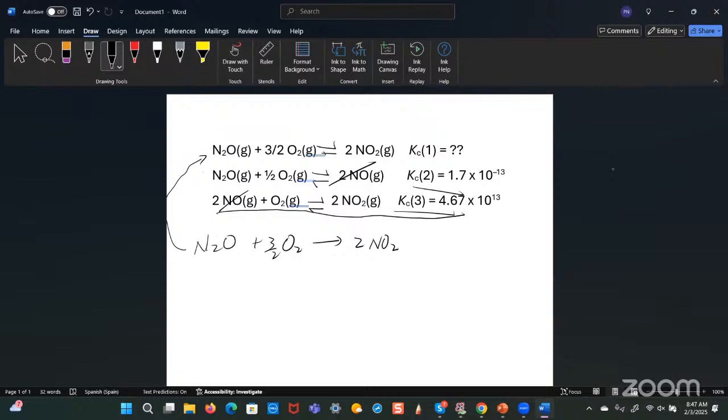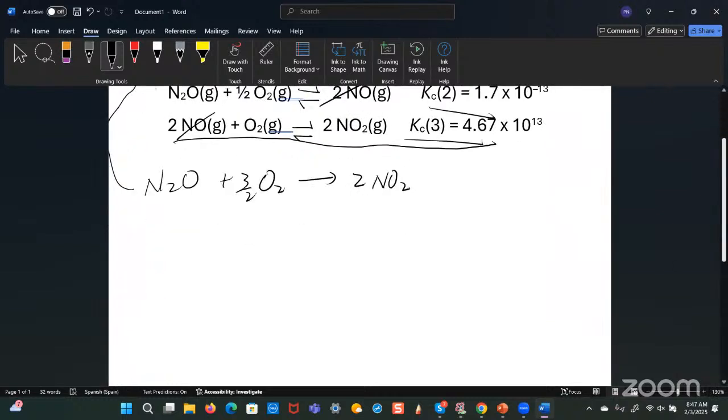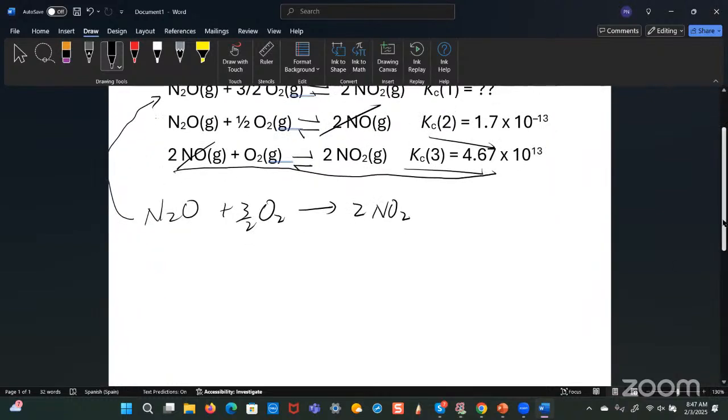So what I'm going to do, and this might take up some more space, so let me scroll down, is write down the Kc expression for the first equation. Kc2 is equal to what? Tell me. Kc2, concentration of NO squared, not NO2, right?